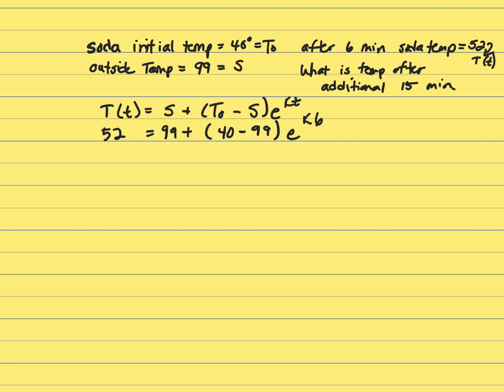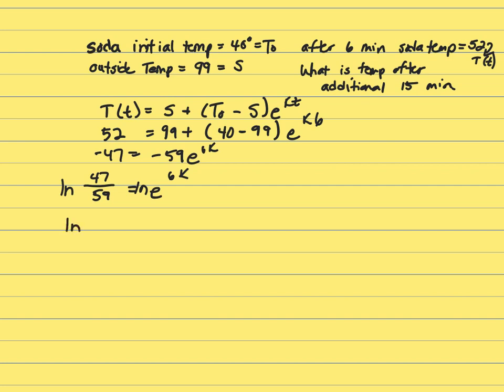52 minus 99, that's negative 47, equals 40 minus 99 is negative 59, E to the 6K. And now what you do is divide both sides by 59. It's going to give you a positive number, and you're left with E to the 6K. And now you take the ln of both sides because the variable you're trying to solve for, K, is in the exponent.